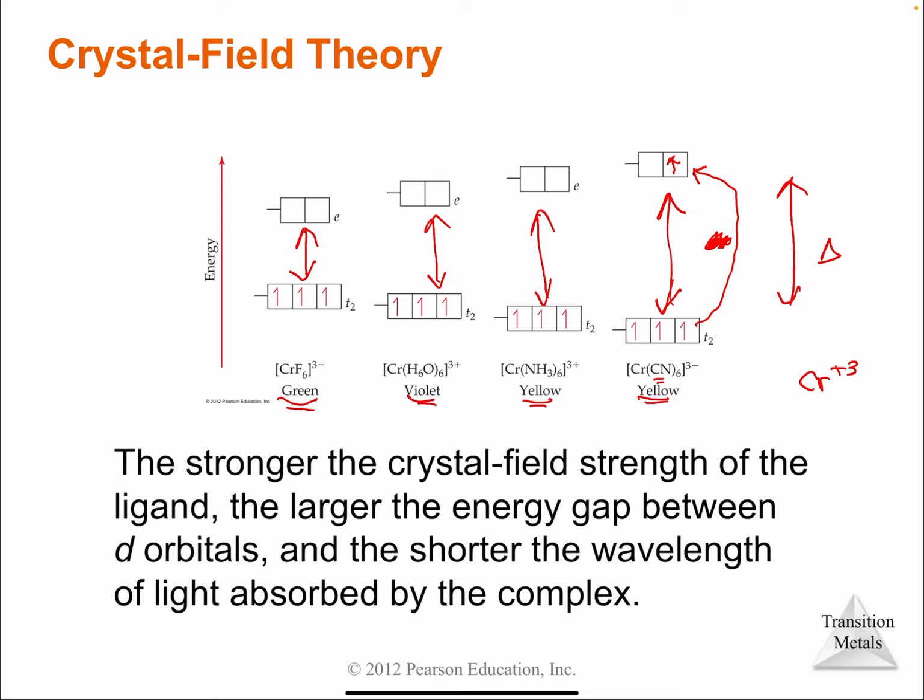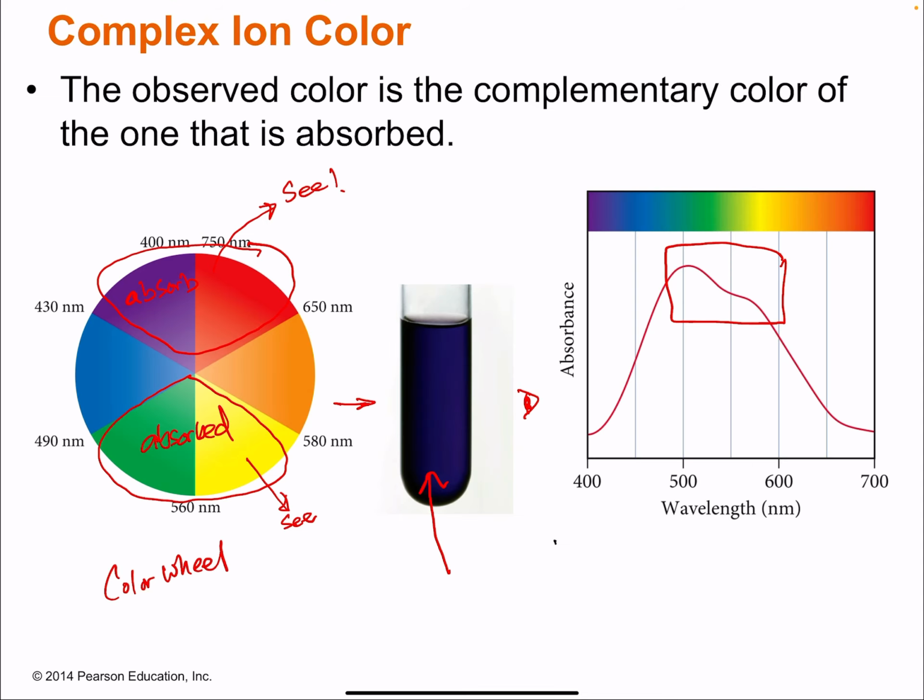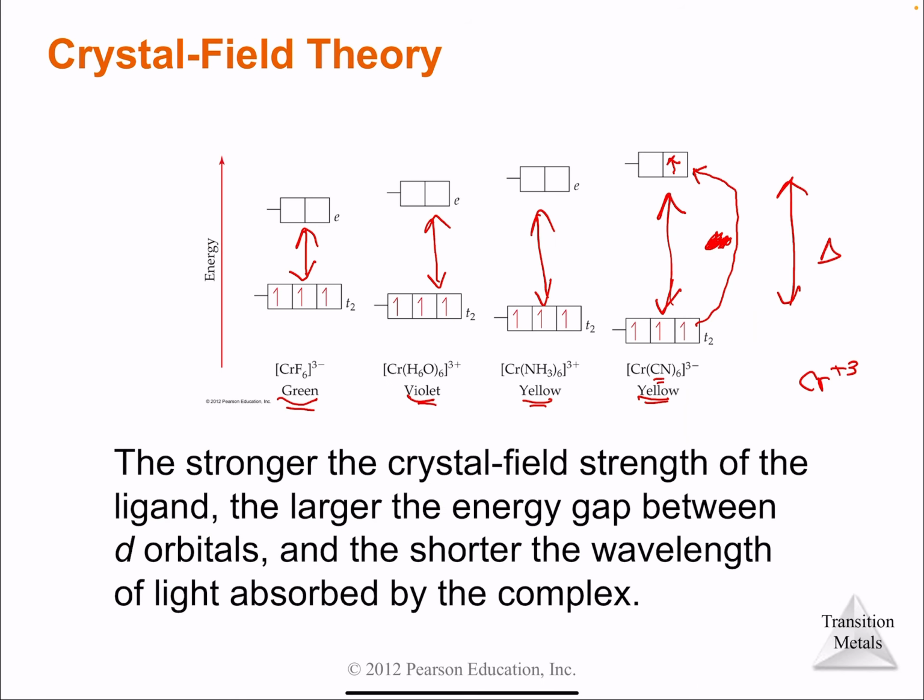If you go to the green one with the fluoride ligand, the green one has low energy of absorption, so it's relatively on the red side. So you're going to absorb this color, which is red, and you're going to see the complementary color, which is green. Okay, please make a note of this. This is a good diagram to show you the color that's absorbed and the color that's seen. From the color that I see, I can determine what color is being absorbed. Remember the complementary relationship.